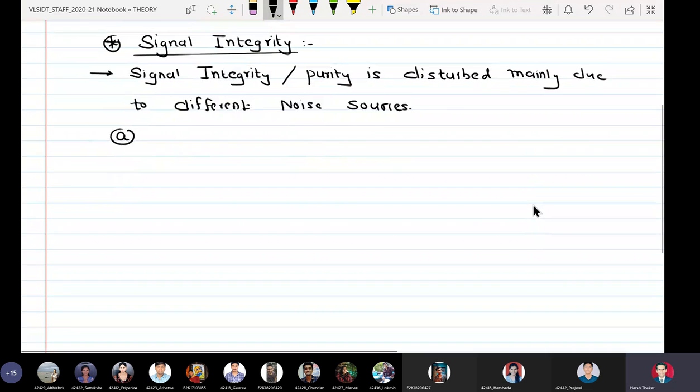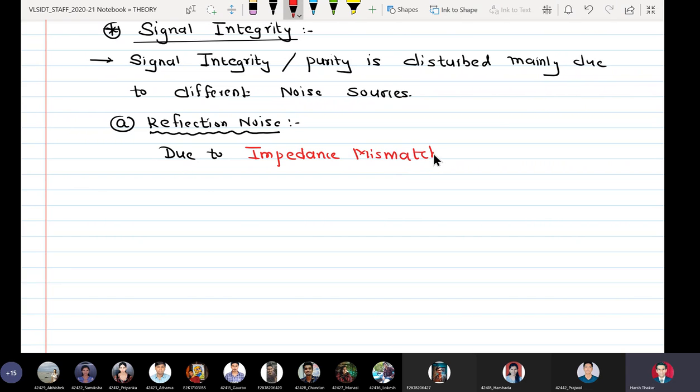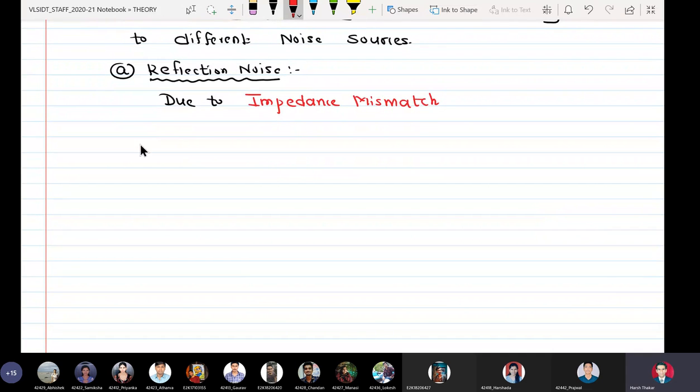The first source is reflection noise, which occurs due to impedance mismatch, stubs, vias, and interconnect discontinuities.